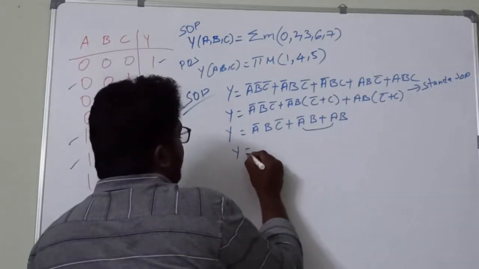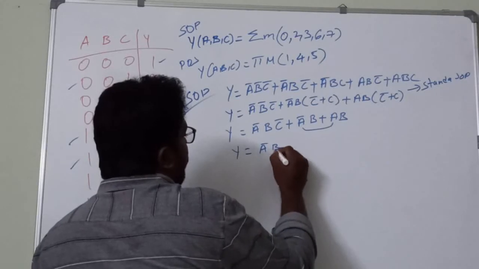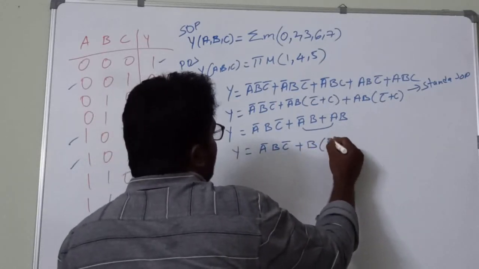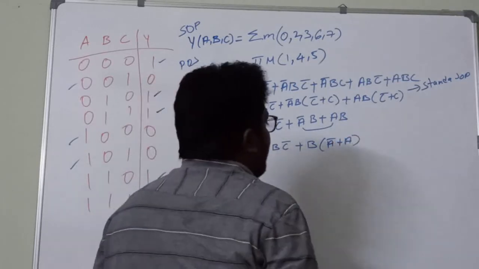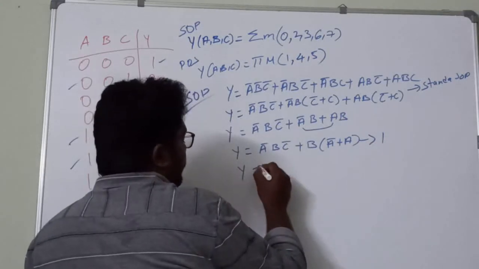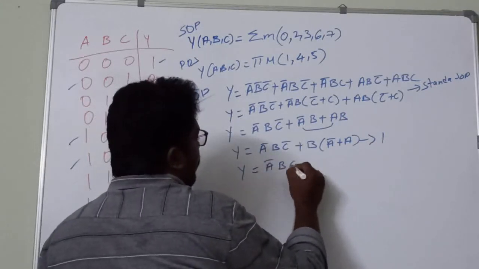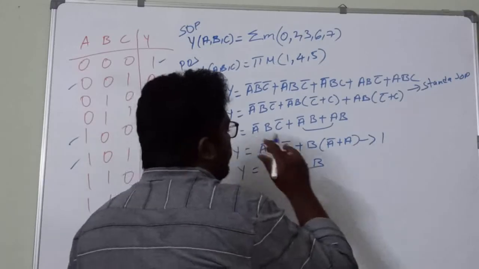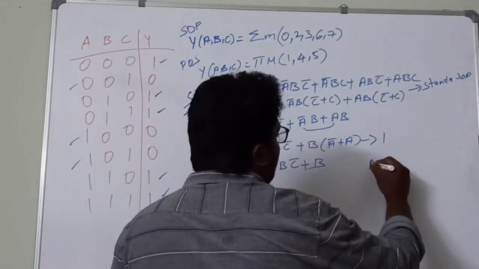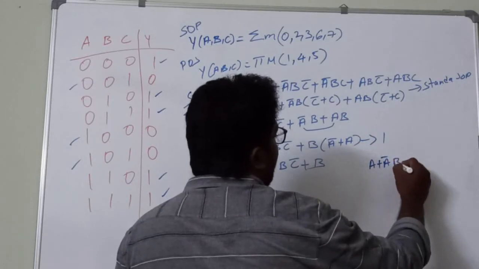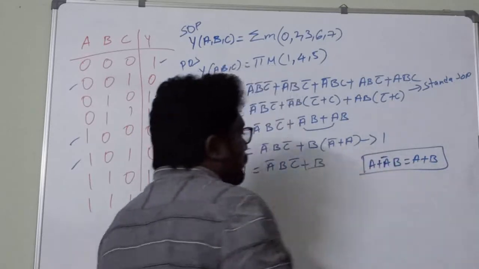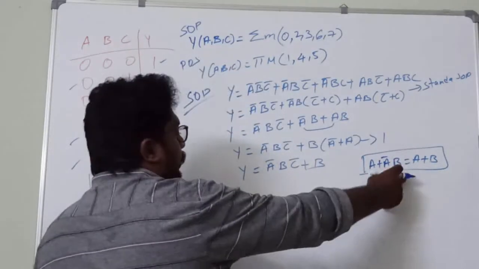So now y becomes A complement B C complement plus B into A complement plus A. Again this A complement plus A will become 1. So y equals to A complement B C complement plus B. By the distributive law, A plus A complement B will become A plus B. So here I am applying this rule.